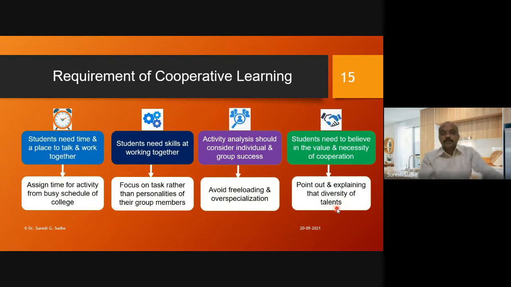And we should see who is the best leader, who is the best manager, who selects the right person at the right position at the right time. That is called a good leader. So for the success of our group or team, it is very, very necessary to select the correct person at the correct time, and we should provide them a correct responsibility.